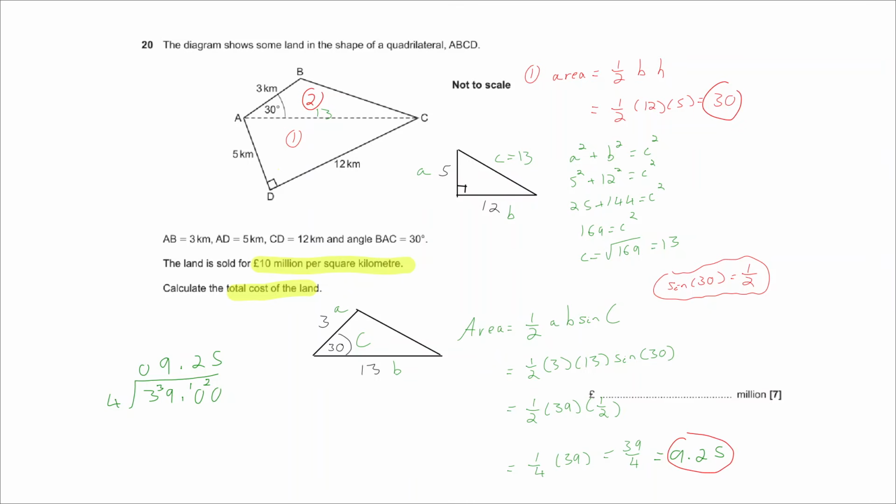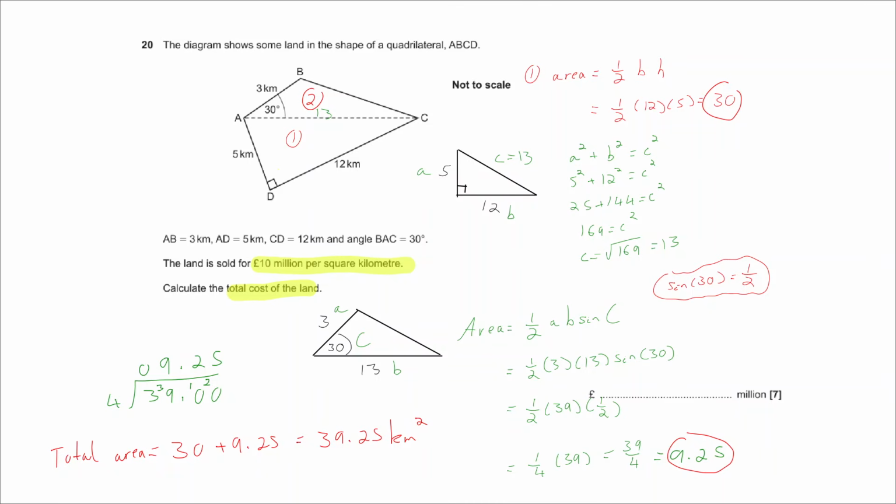So we can say that the total area is equal to 30 add 9.25, which gives you 39.25, and it's going to be kilometres squared. Now you know that for 1 kilometre squared, it's 10 million pounds. You've got 39.25 of them.